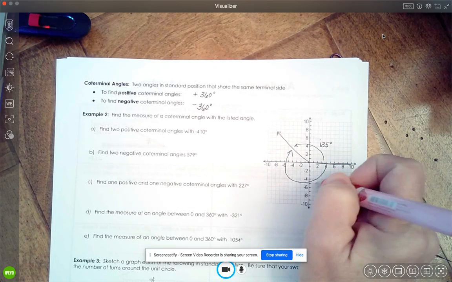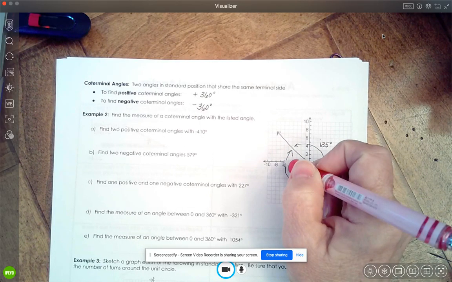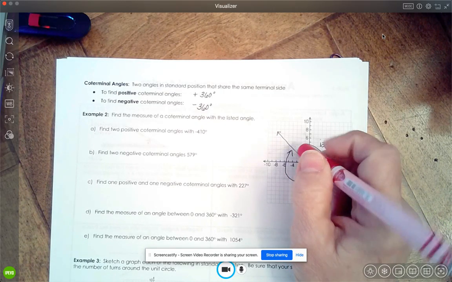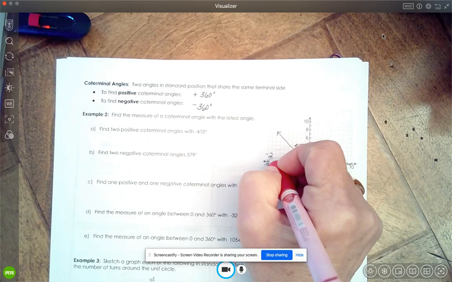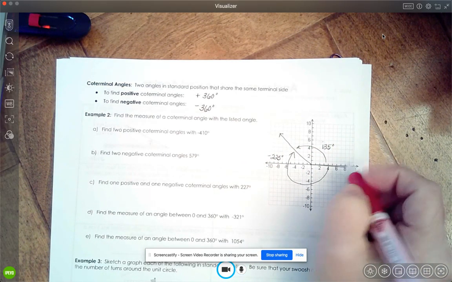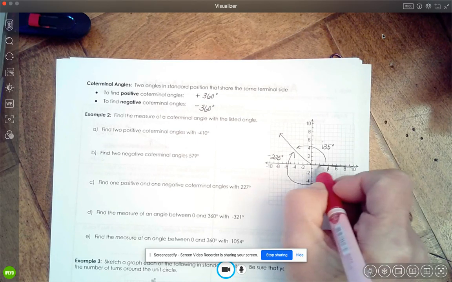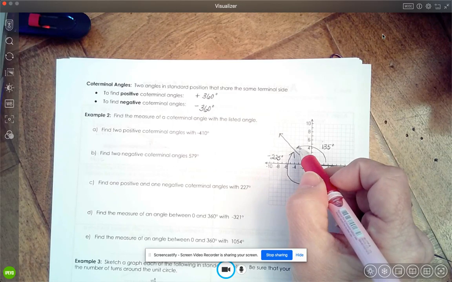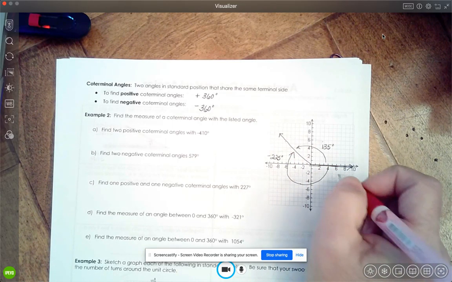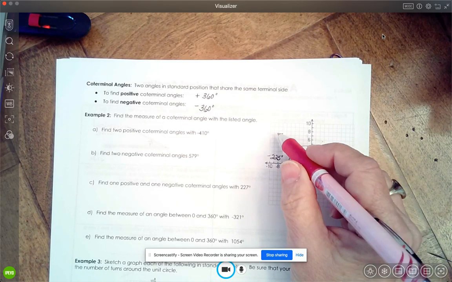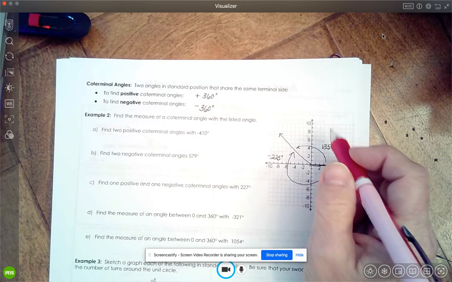This is negative 90, negative 180, and then 45 more degrees. That would be negative 225 degrees. My initial side is still the exact same. If I go in the positive direction 135 degrees, here's my terminal side. If I started here and went negative 225 degrees, I'm back at the same terminal side.